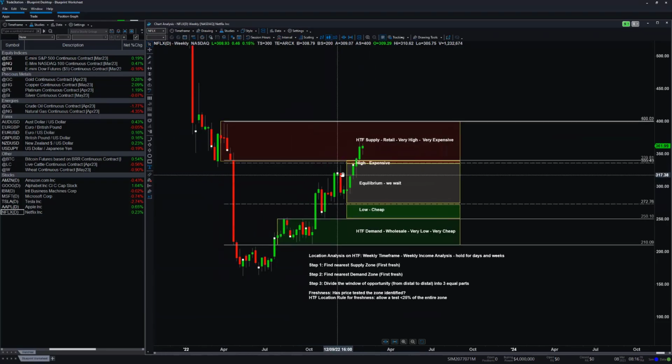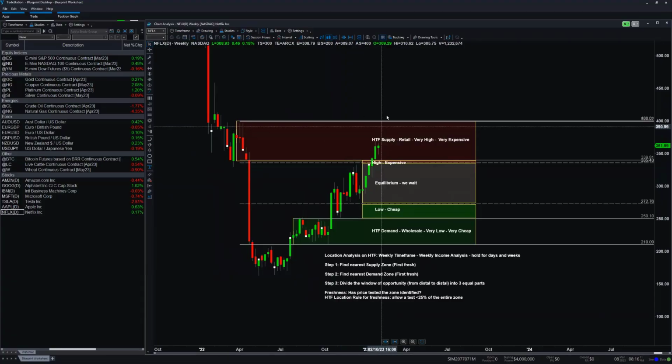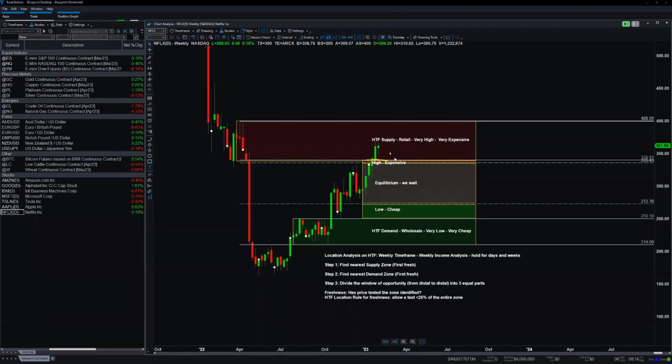Now, at this stage, if we had placed an entry here and a stop loss here, then to achieve a 1 to 2, where does price have to travel?